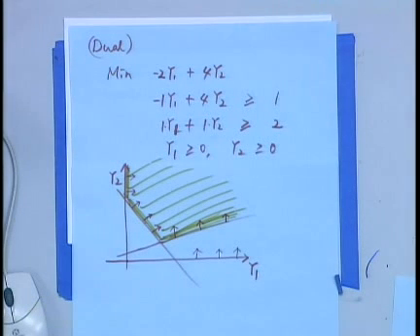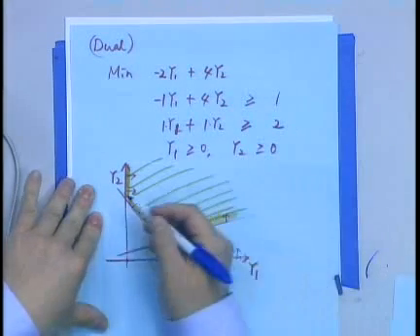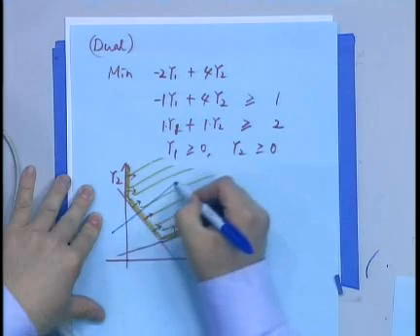Is that right? And actually, the isovalue line would be something like this. Okay?